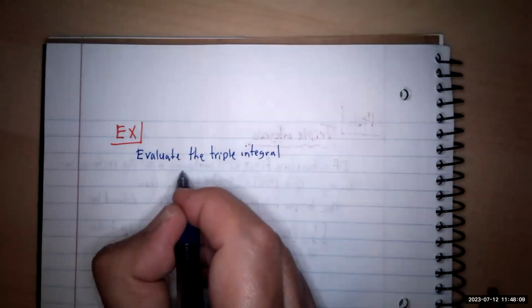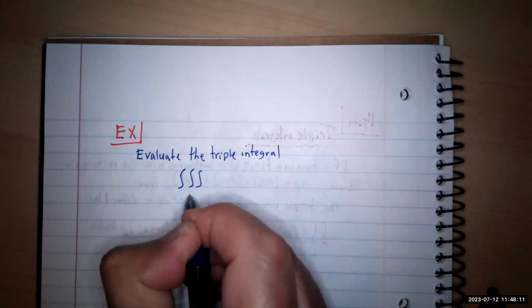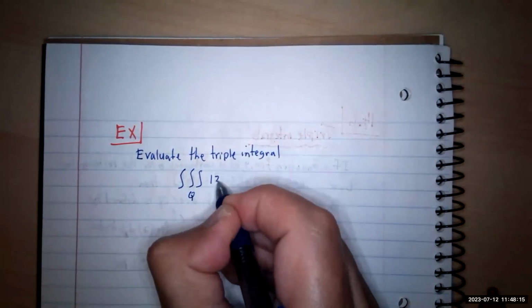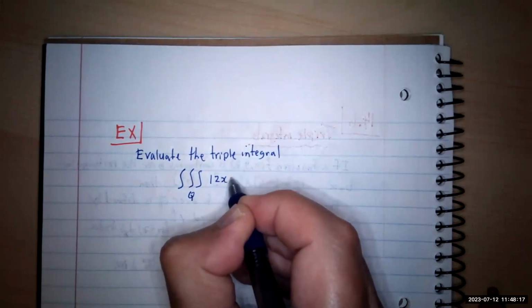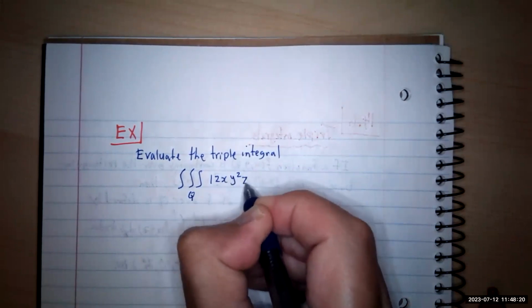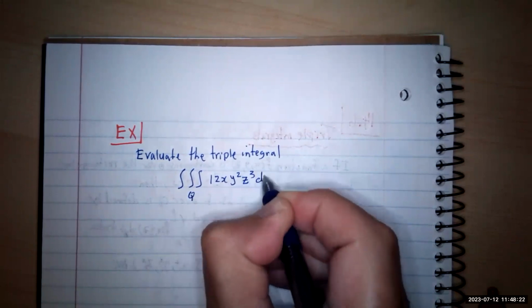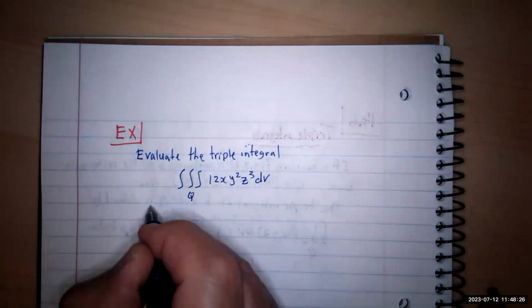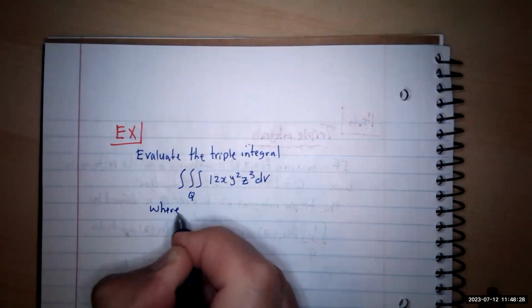That's it. 1, 2, 3 over the cube, and the function is 12xy squared z cubed dV over the cube, where the Q is there.